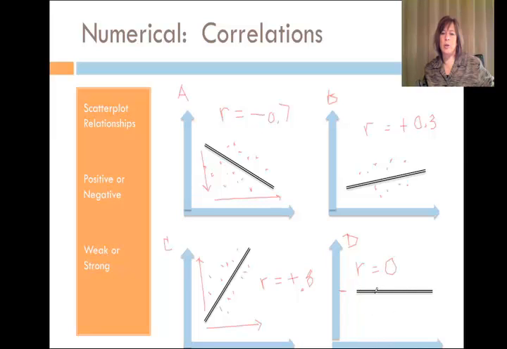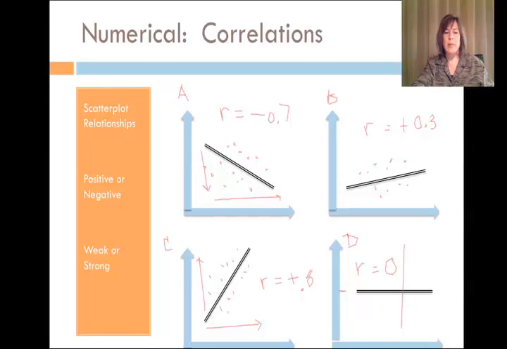No relationship at all. Same thing with a scatter plot that would just have a complete vertical line. R would probably be 0. As Y goes up, X doesn't change. No relationship. So those are some examples of visually representing correlations between two interval ratio level variables.